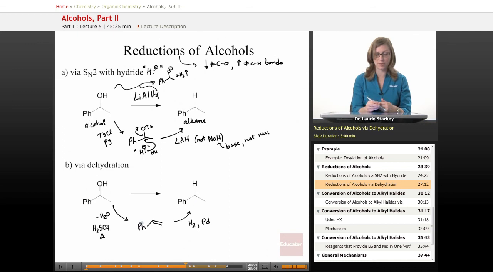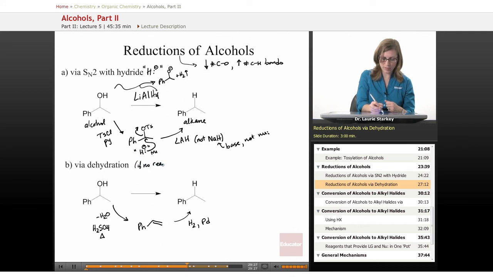We don't care so much where the double bond ends up, but we do want to make sure that our carbocation is not something that can have a carbon chain rearrangement, because then we won't get the alkane structure that matches the alcohol structure. So the dehydration is only going to work if there's no rearrangement of the carbon frame, of the carbon skeleton.